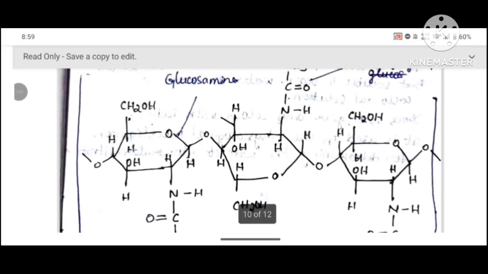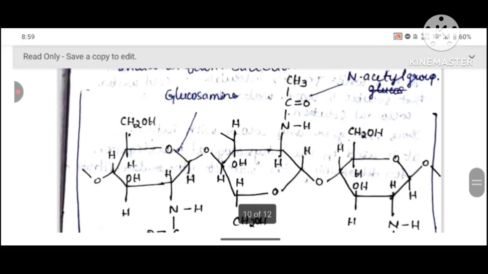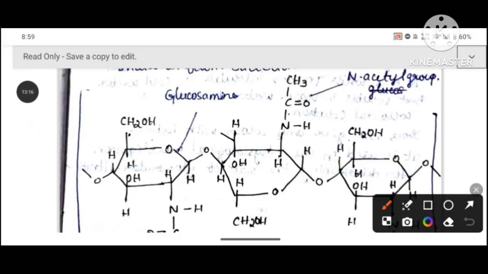When you want to learn the detailed structure, this is the glucosamine group and this is the N-acetyl group. There will be glycosidic linkages, as the OH group will be replaced, right?